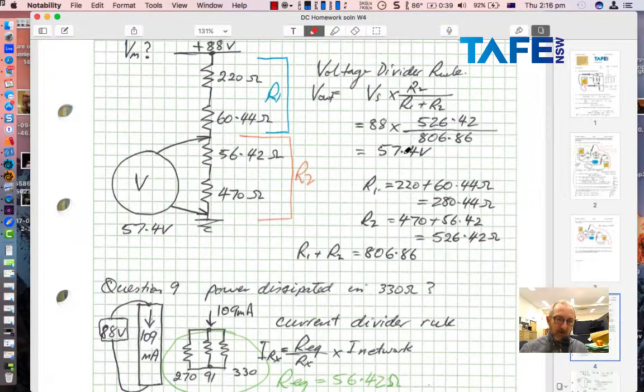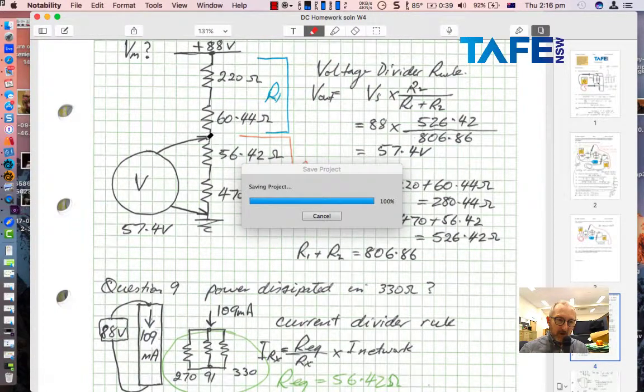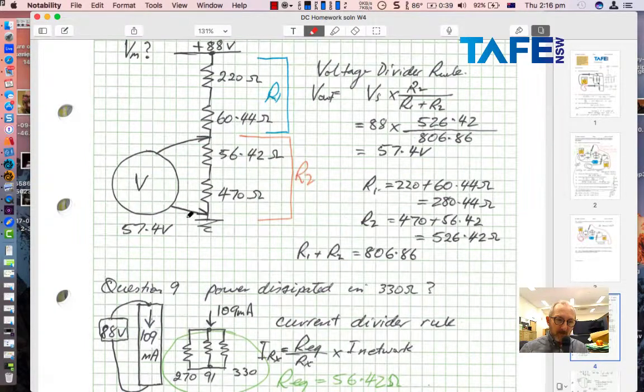But I can see I've got 57.4 across this part of the voltage divider, and it was asking me for the voltage across this resistor only. So I've actually gone one step too far. I didn't really have to do that.